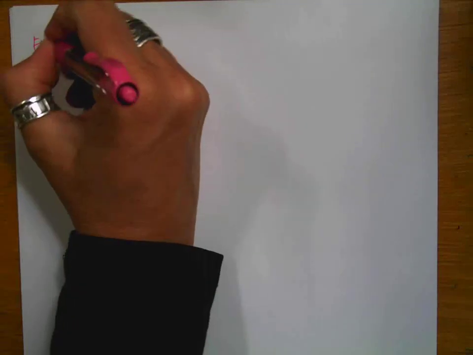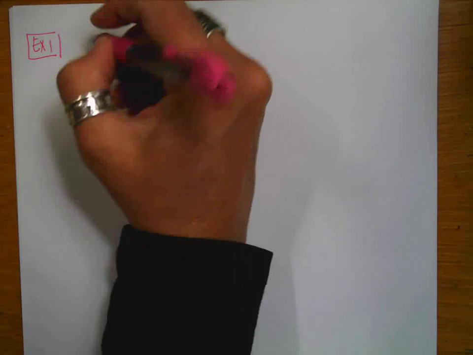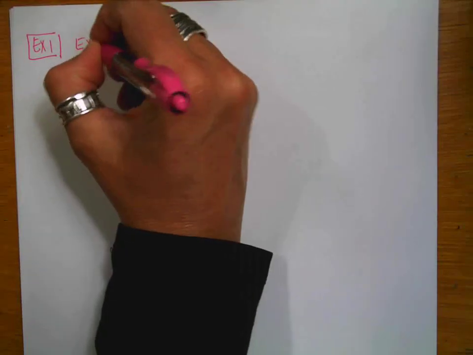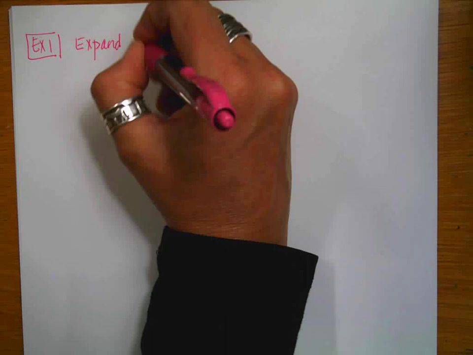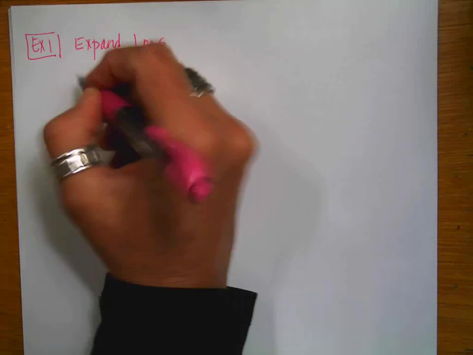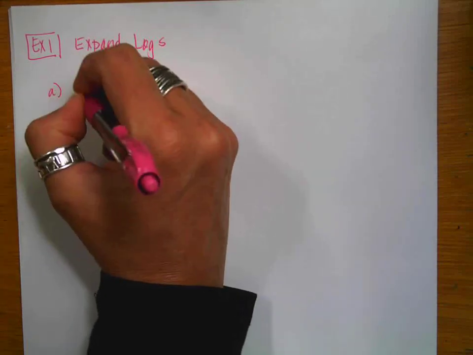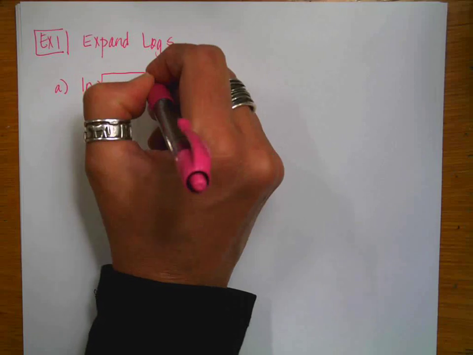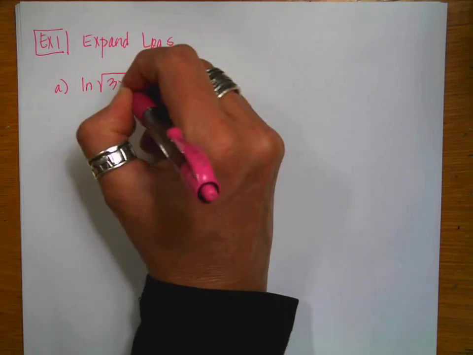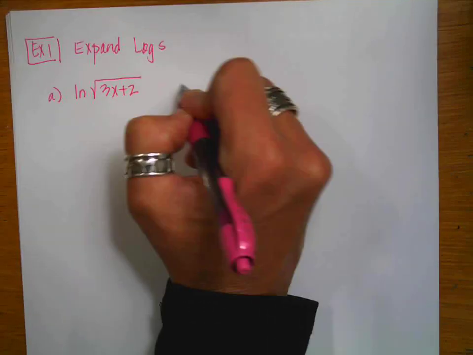So for our first example, I'm just going to do a couple of problems using those properties of logarithms. In this one, I want to expand some logs. For A, I'm going to have the natural log of the square root of 3x plus 2.